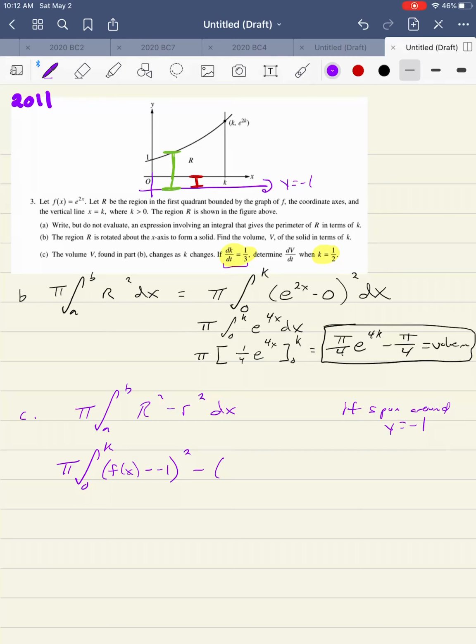And the little radius is going to be 0, the equation for the x-axis, minus -1 quantity squared dx. You could leave it like that, though I would probably put pluses instead of minuses, but that would be your final answer. So that's your washer method, when you spin something and there's a hole in the middle. Remember to draw this, which will help you get your setup correct.